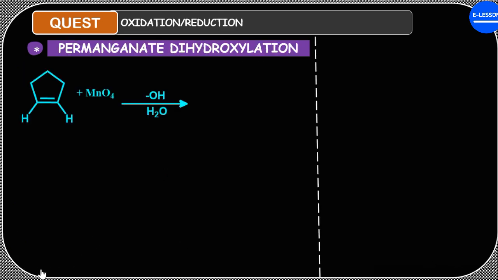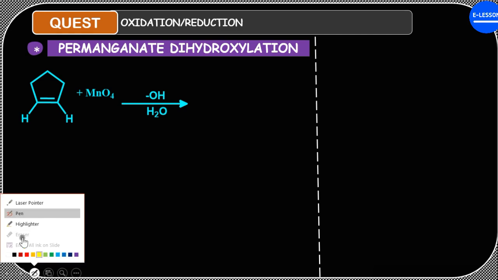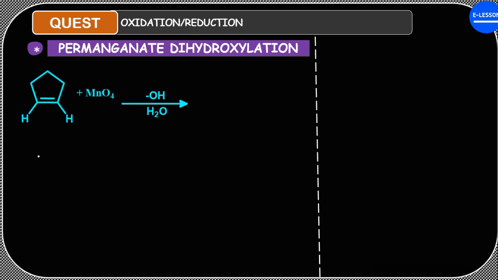Now the next one we are going to look at is permanganate dihydroxylation. Now potassium permanganate can also be used in this process. Potassium permanganate is KMnO4, right? We said that it is a very strong oxidizing agent. However, this potassium permanganate that you are using here is the cold one, not the hot one.